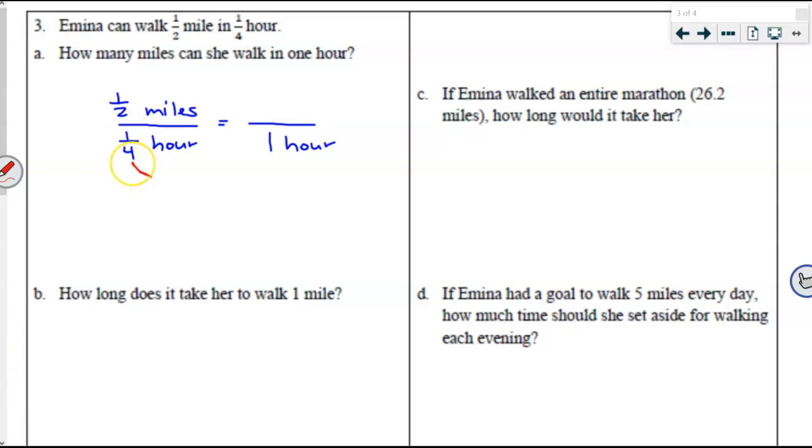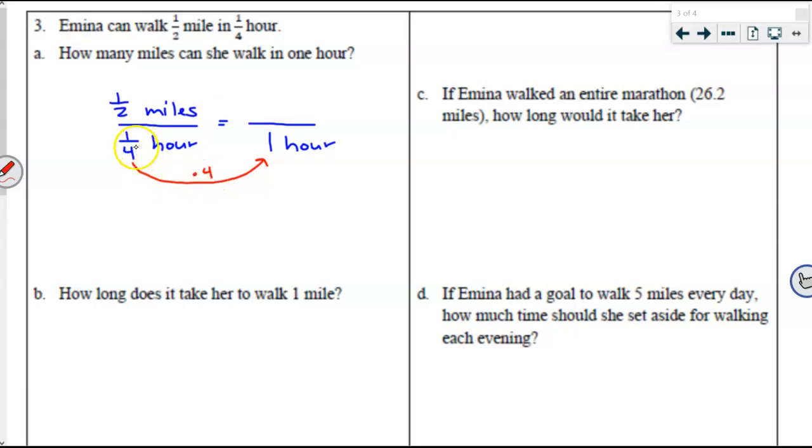I now need to know, how does 1/4 of an hour change to 1 hour? And I know the standard answer is we can always change it to 1 by dividing by itself, yes. But dividing by fractions is kind of messy sometimes, especially if we're trying to do math in our head. How else can I change 1/4 of an hour into 1? What else could I do? Grant? Yeah, multiply by the reciprocal, exactly. 1/4 of an hour.